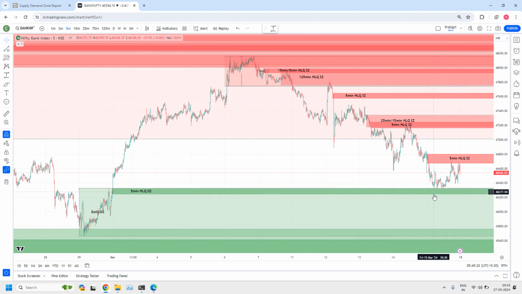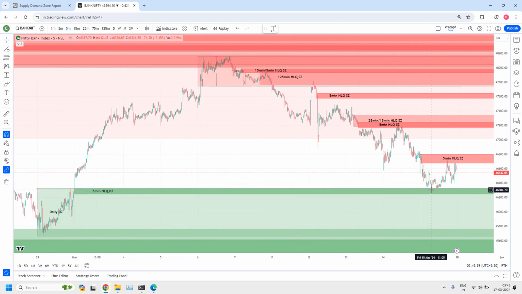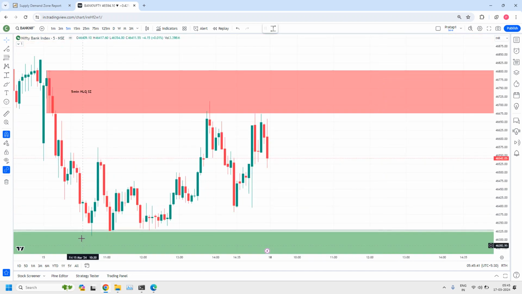because in the beginning of the session I told you prices were moving from here. Finally, after reaching this daily demand zone, it is holding the prices. Because it is holding the prices, I told you there could be a lower time frame zone which is holding the prices. So this lower time frame 5 minutes high liquidity zone held the prices here. How strongly it held.